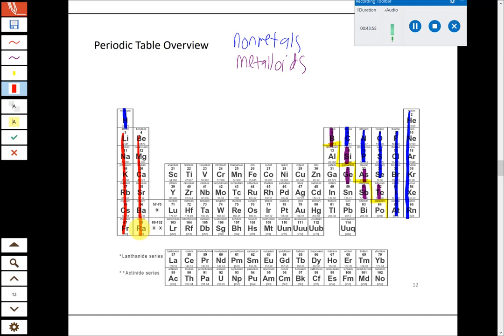And those first two columns, and so anything that occurs in the S block or the P block is classified as a metal. Bismuth and polonium. Those ones there that are in the P block are classified as main group metals.